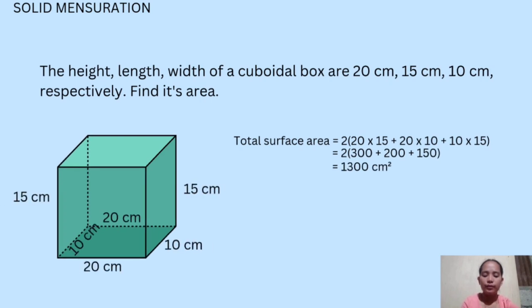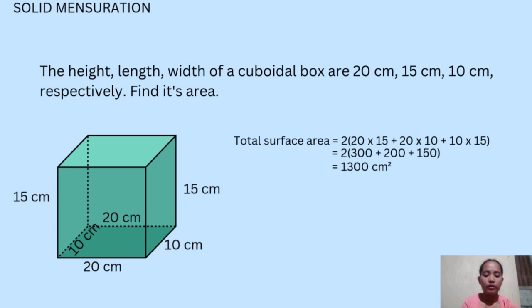Second problem. The height, length, and width of a cuboidal box are 20 cm, 15 cm, and 10 cm respectively. Find its area. We have the total surface area: 2 times 20 times 15 plus 20 times 10 plus 15 times 10.